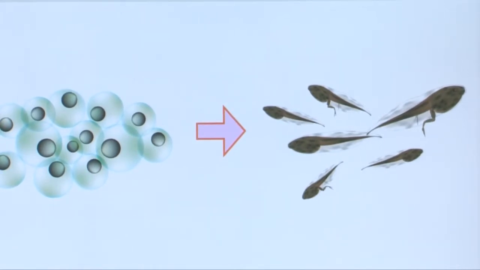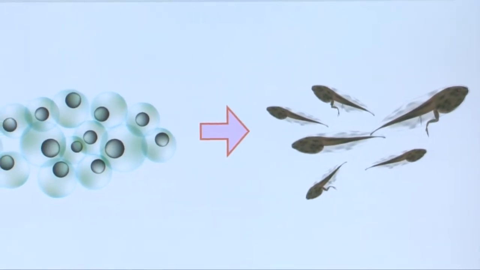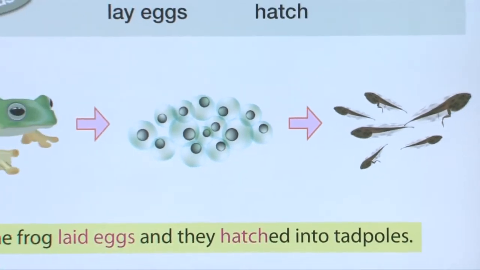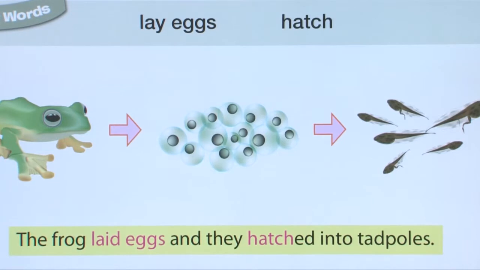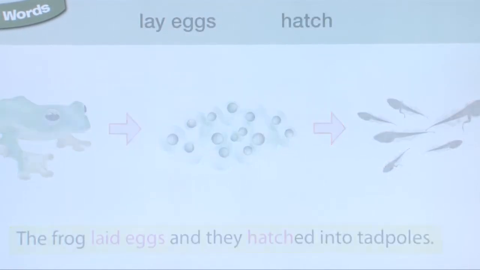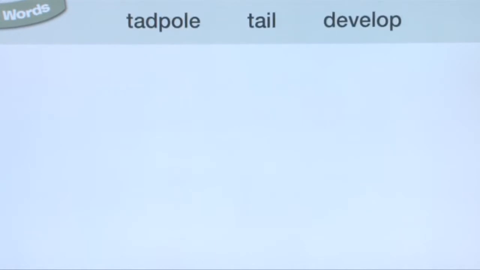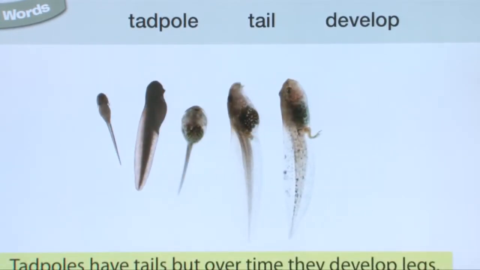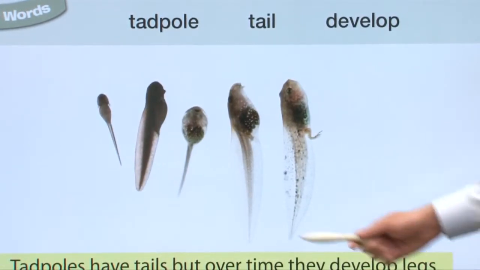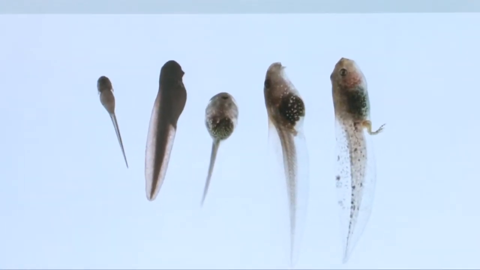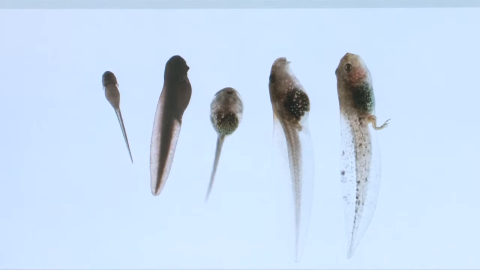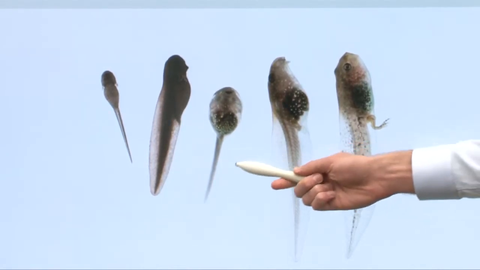Okay, let's look at our example sentence. The frog laid eggs and they hatched into tadpoles. Tadpoles, what are these? Oh, well, let's move on and find out. Oh, here we have a picture of some tadpoles. Tadpoles are young frogs or baby frogs. As we can see here, they all have tails.